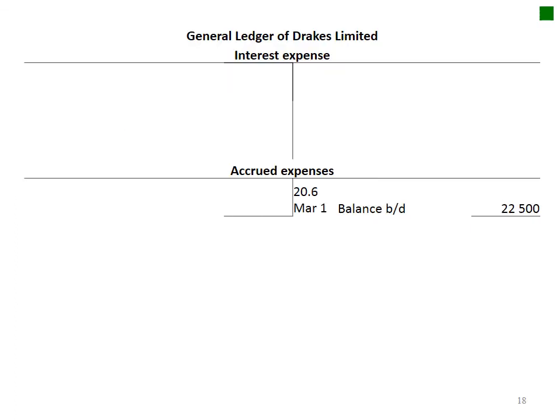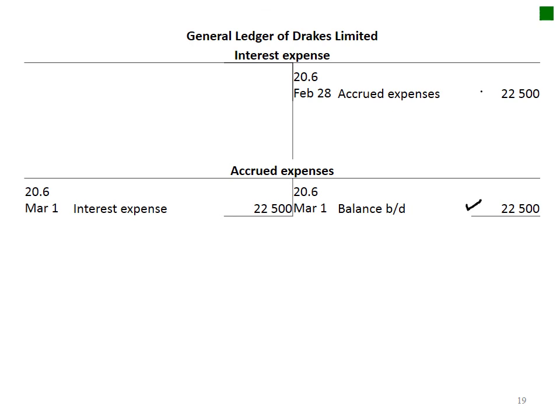So this is what the general ledger accounts look like. The interest expense account at the beginning of the year is going to have a credit amount of 22,500, because we took the 22,500 balance that was on accrued expenses and we're reversing it now at the beginning of the year to the interest expense account.